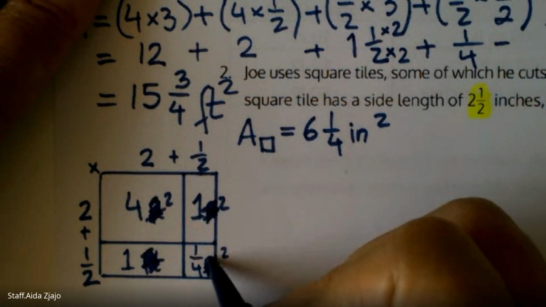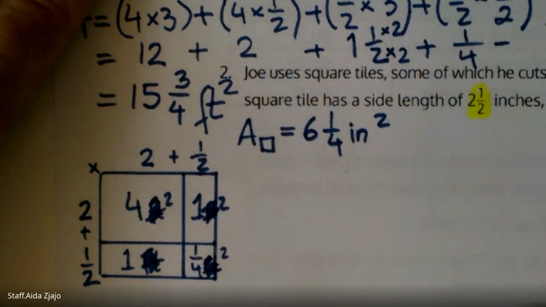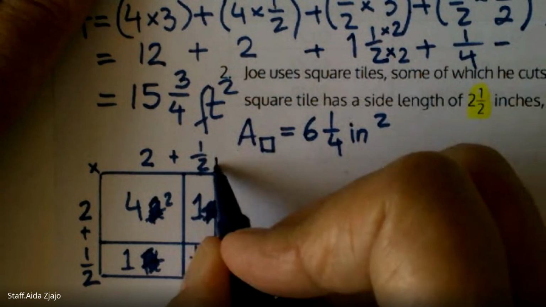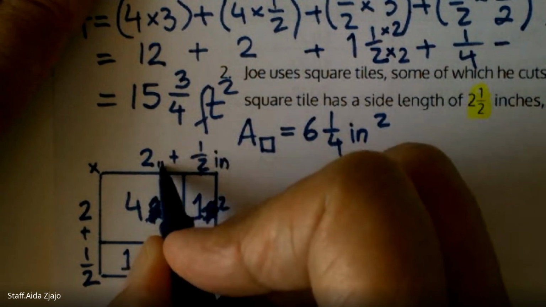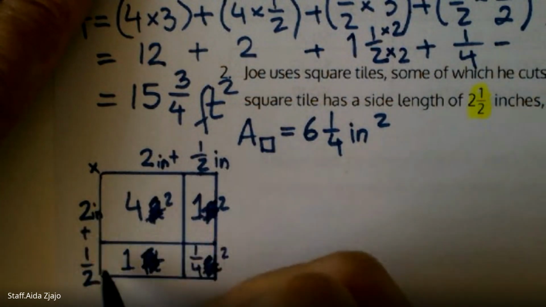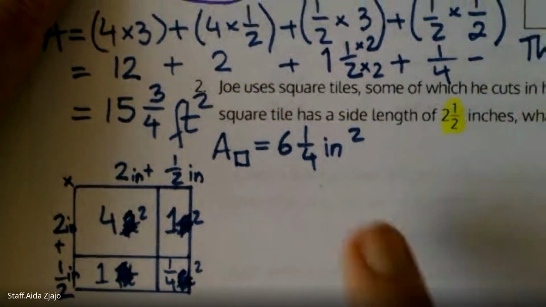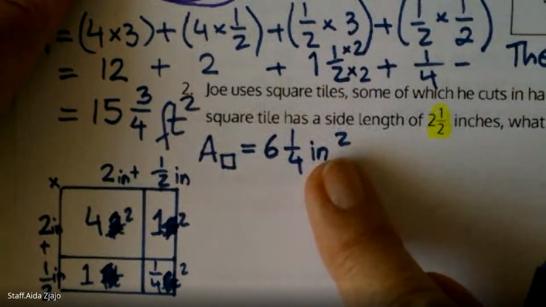So I'm going to erase that and just think that these are inches. It's best if I put it right away where it needs to be. That's okay. So it's a 6 and 1/4 square inch.